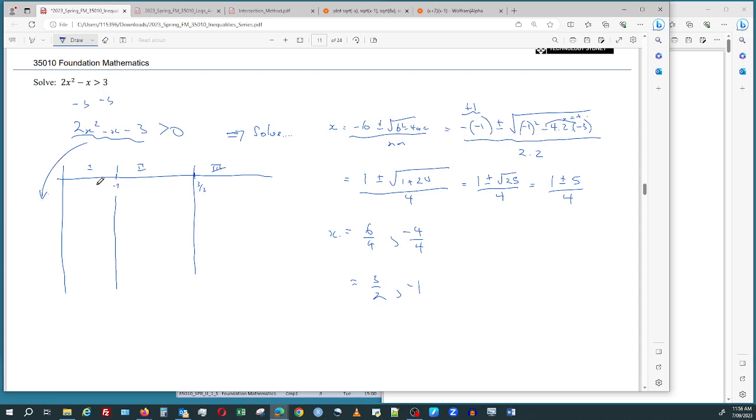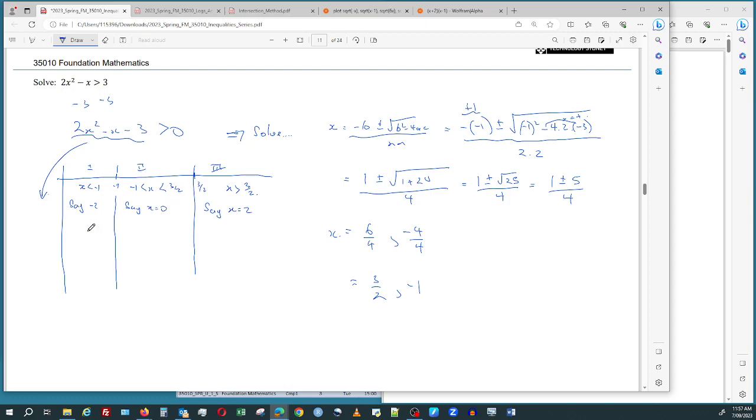Okay, so if we test values, we've got x is less than minus 1, because we're looking at the interval. The interval is minus 1 to 3 on 2, and x is greater than 3 on 2. So that's that testing area. So we'd say x is minus 2, say x is 0, and say x equals 2.